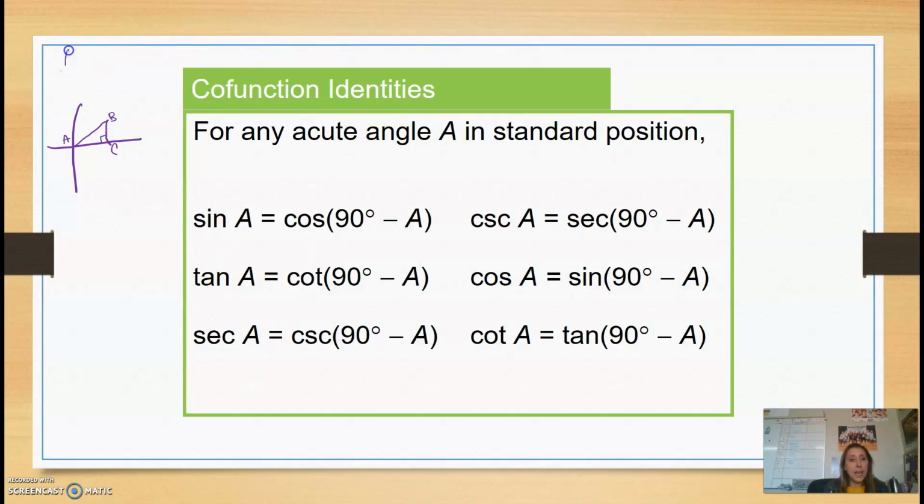So we're saying angle A plus angle B plus angle C is equal to 180 degrees.